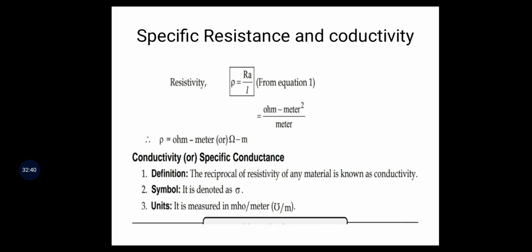It is denoted as sigma. The unit is mho per meter.